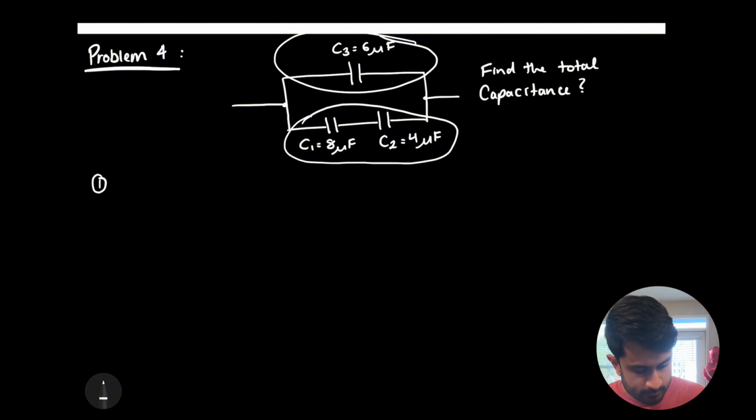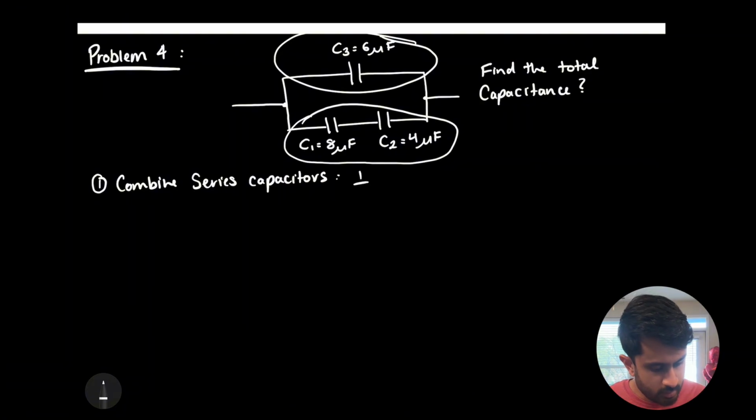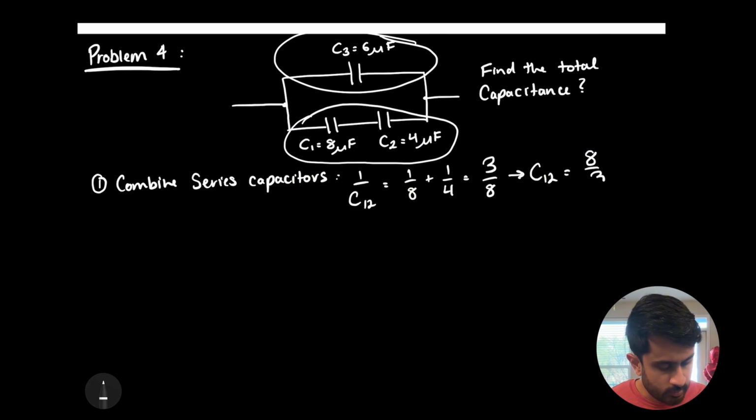Step 1, combine series capacitors. This is going to look like 1 over C12 is equal to 1 over 8 plus 1 over 4, which is equal to 3 over 8, meaning C12 will be equal to 8 over 3, or roughly 2.67 microfarads.